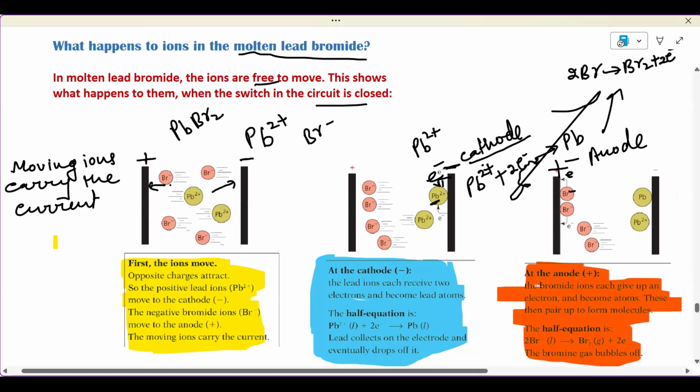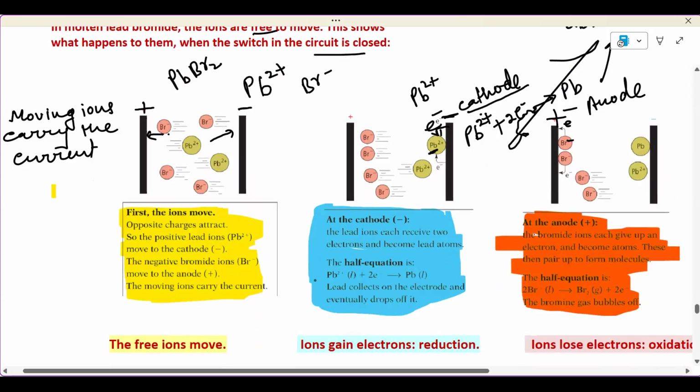I hope you know the difference. Suppose we have to add electrons. It means we have to add 2 electrons on the left side. If we want to lose 2 electrons, it means we need to write 2 electrons on the right side. Right side means loss of electrons, and here it is gain of electrons.